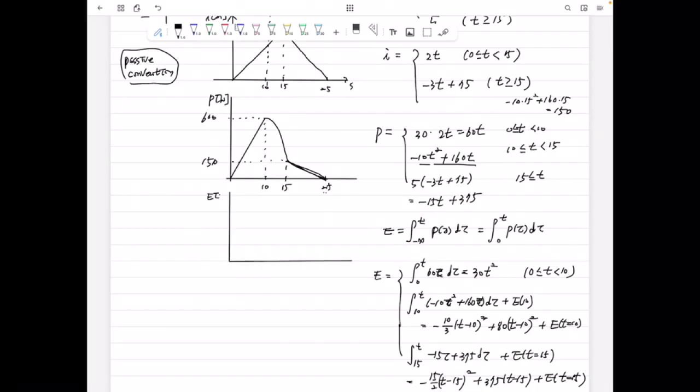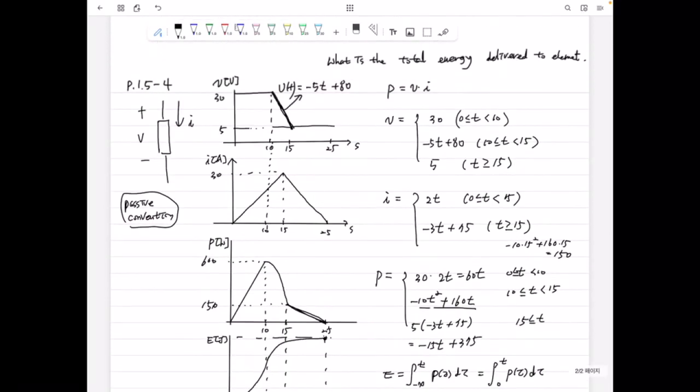The unit of energy is joule, and it will increase over 10 seconds, 15 and 25, in this manner. So this amount of energy will be absorbed by this element over 25 seconds, from the given figures.